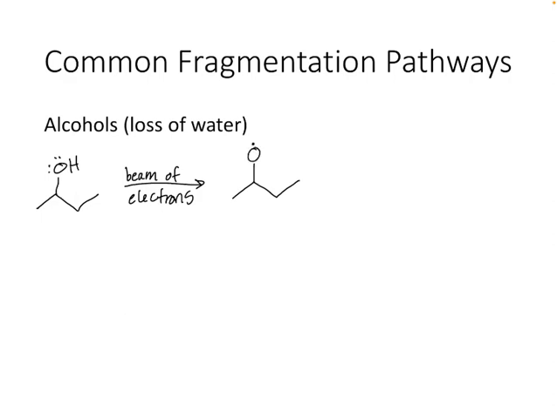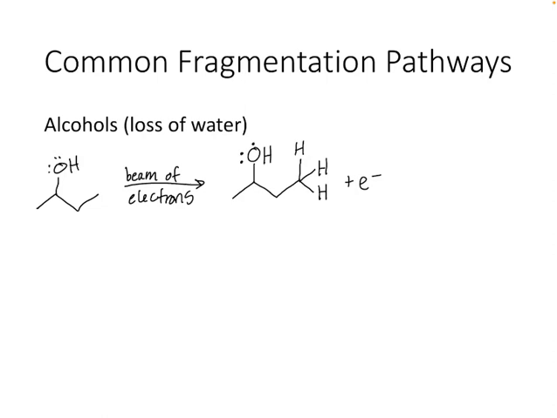The oxygen again loses an electron. And in this case, what happens is the oxygen is going to form a bond with one of the hydrogens on the end of the molecule.